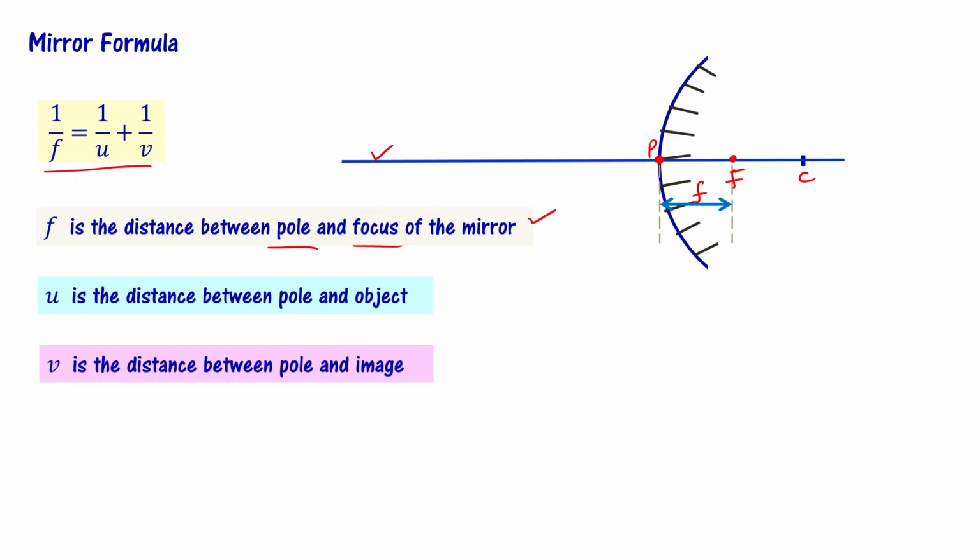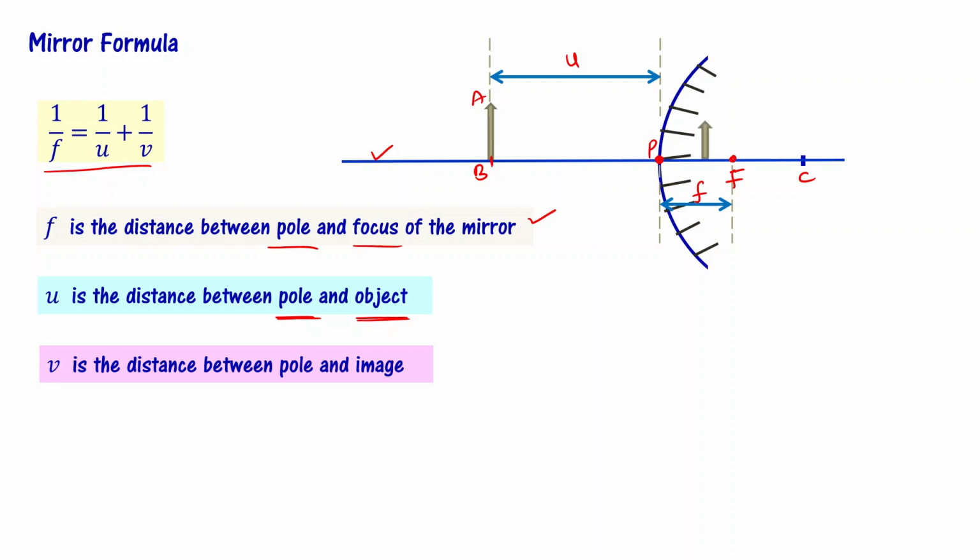And u is the distance between the pole and the object. Let me place an object. Let me call this AB. The distance between this particular point and the pole is our u, right? And once you have an object, even in the convex mirror you will be getting images, right?